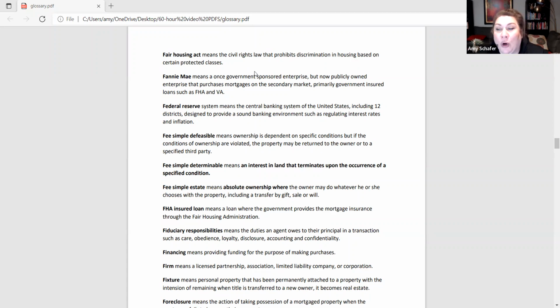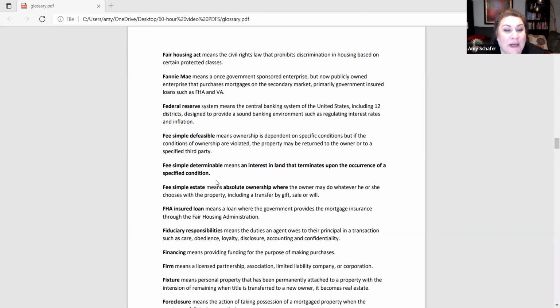So the primary mortgage market is the one that originates the loan. And then Fannie Mae buys them on the secondary mortgage market, allowing those banks to go out and originate new products, new loans. And they are the major player in that secondary mortgage market. And that fact alone could be a great test question for you.